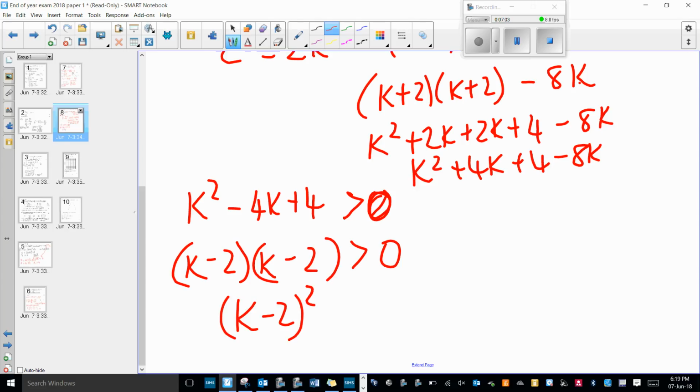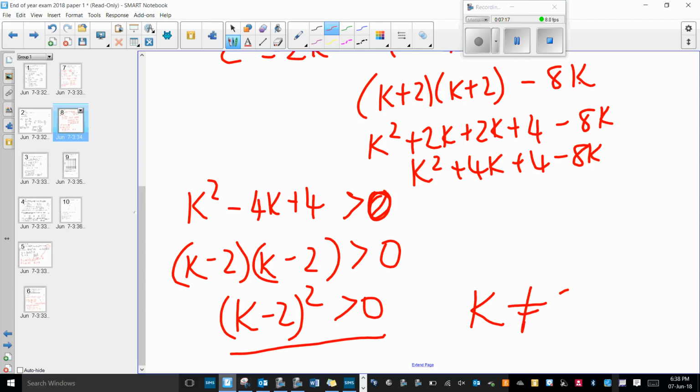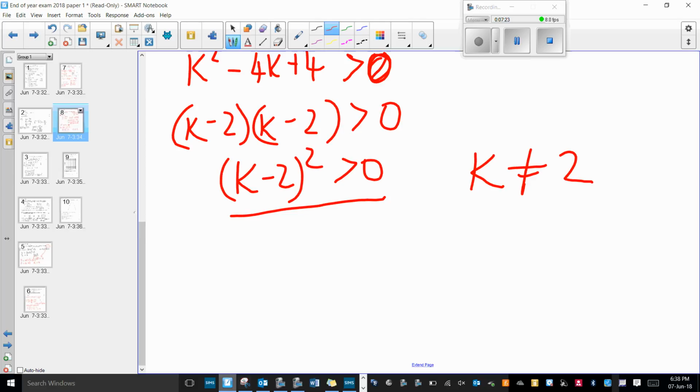So in other words, in order for this to happen, we know that k cannot equal 2, because that would give us a value equal to 0, which means that k can be any real number, but it cannot equal 2.